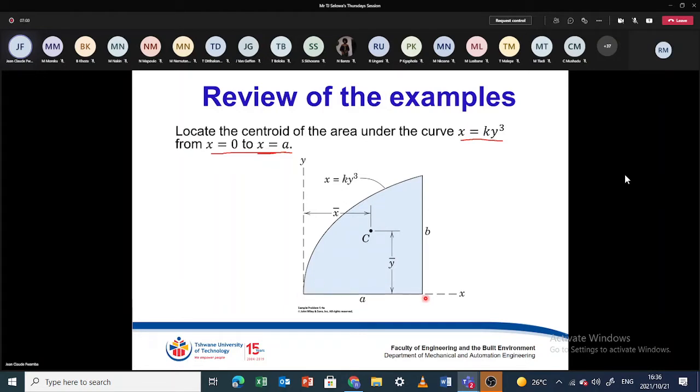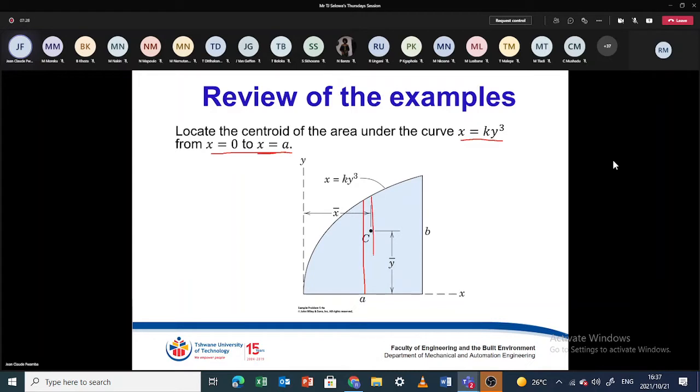What does it tell me? It tells me the position of the stripe, the position of that differential element which I need to work with must move from 0 to A. So meaning I need to position my differential element vertically, right?